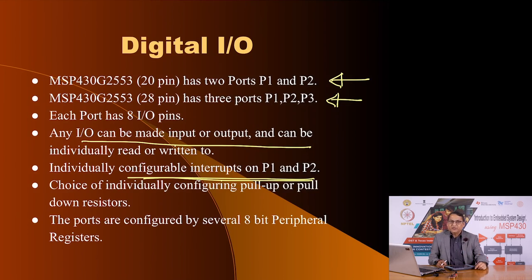You can program the chip so that internal resistors can be pressed into service, and you can choose either a pull up or pull down resistor. All these functionalities are programmed through the 8-bit peripheral register interface that I had discussed earlier in the memory map of the microcontroller.